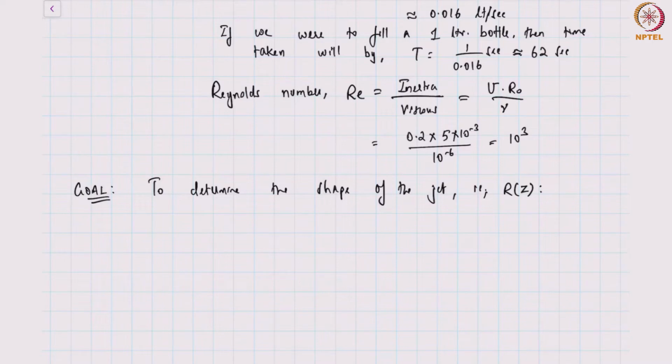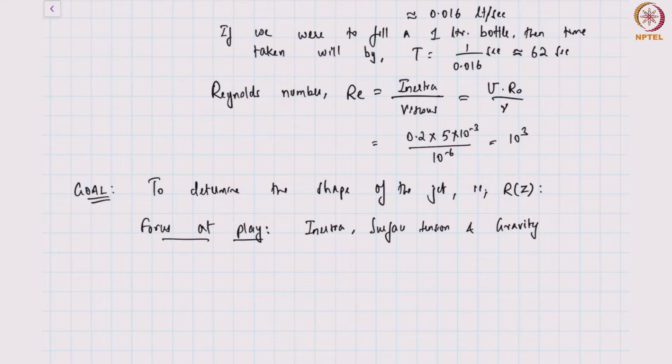Okay, so how do we set out to do this? What are the things that we know? We know that the forces at play are inertia, surface tension, and gravity. If you have three forces at play in the problem, you can expect that you'll have two non-dimensional groups.